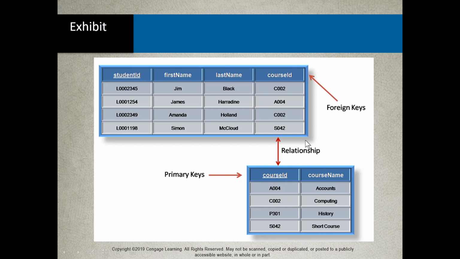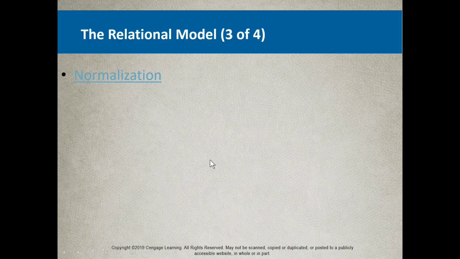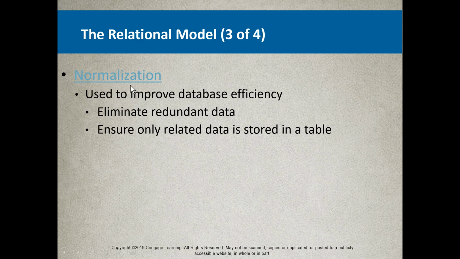That's what they call normalizing the data sets. It's a process of taking larger data sets like this and breaking them down into smaller data sets so that there's no duplication. Essentially, the process of normalization is to help eliminate or reduce data redundancy.